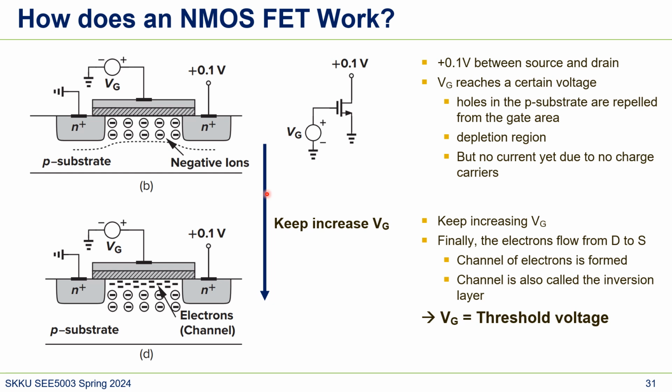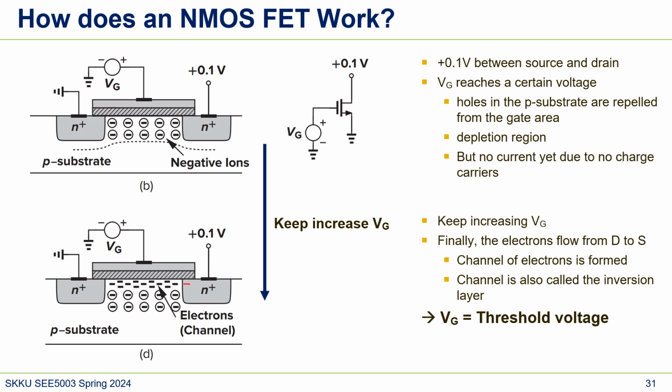Okay, but let's keep increasing Vg. Finally, if we increase Vg enough, the electrons flow from drain to source, and we call this group of electrons the channel. So this electron is actually moving from here to here.